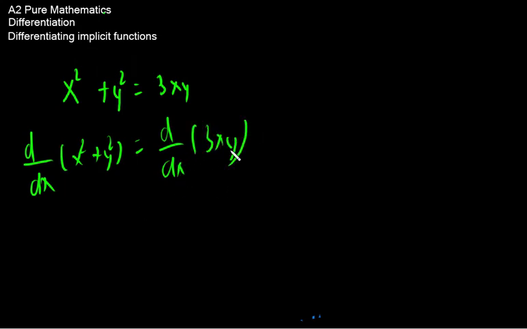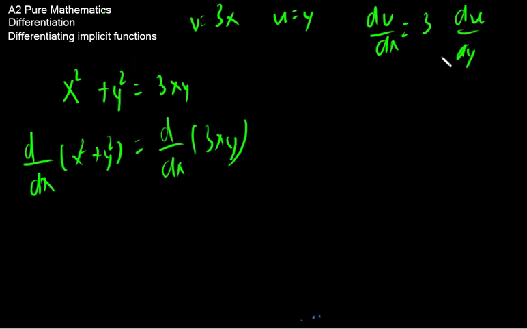Now for differentiating 3xy, you should treat this with the product rule, in which 3x is v, so v is equal to 3x, and u is equal to y. So we have dv over dx is 3, and du over dx is dy over dx, because when y is differentiated with respect to y you get 1, so that's 1 times dy over dx.